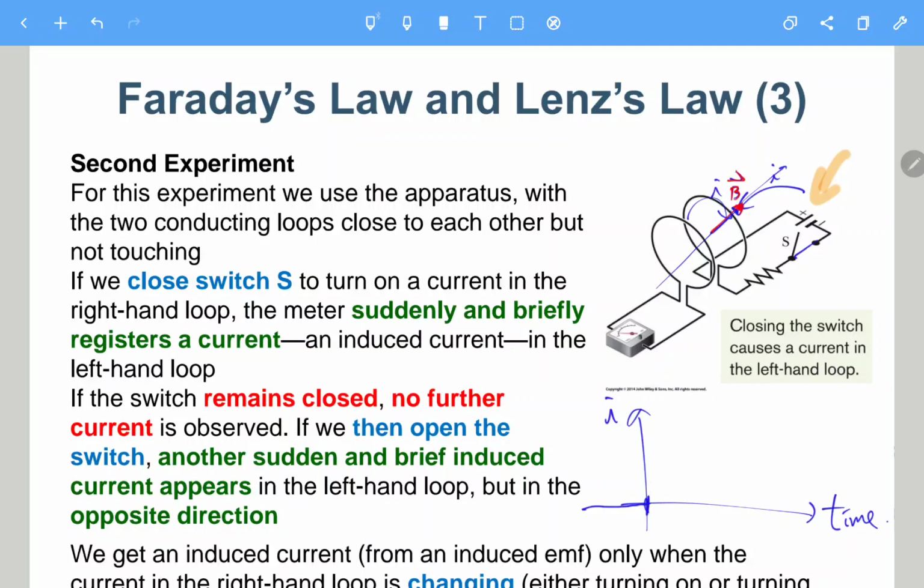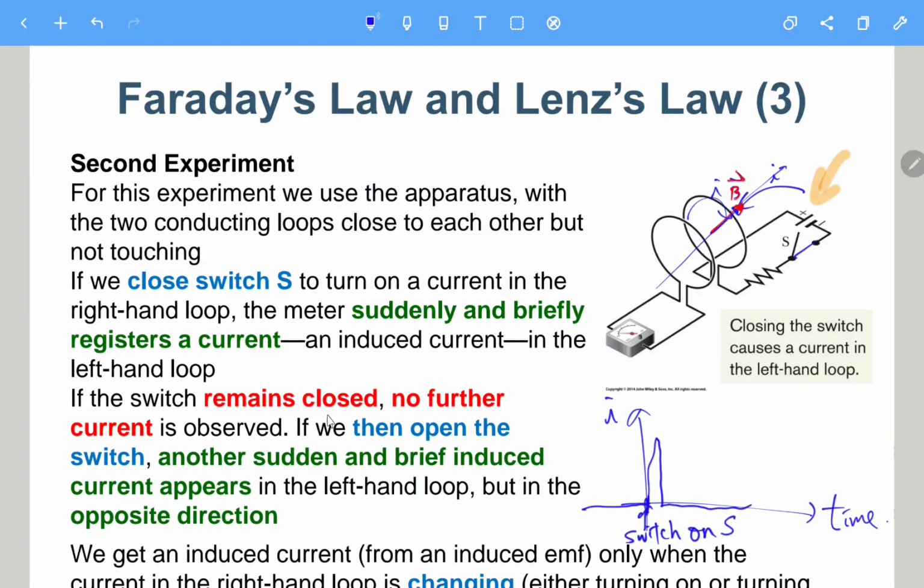Maybe not necessarily a triangle, maybe something like this. A current appears for a short moment, and then it drops down. At this moment you switch on the circuit, switch on S, and then the current goes to 0.